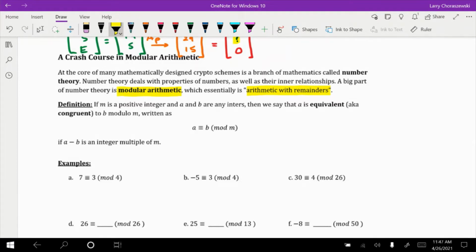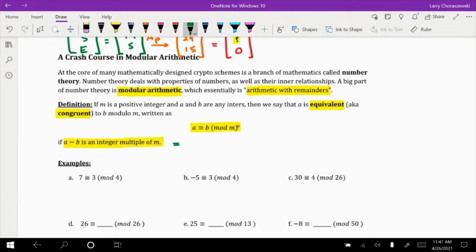In fact, we have this definition coming up. If m is a positive integer and a and b are any integers, we say that the integer a is equivalent, also known as congruent, to b modulo m, written a with a three-bar equal sign, the congruent symbol, if a minus b is an integer multiple of m.